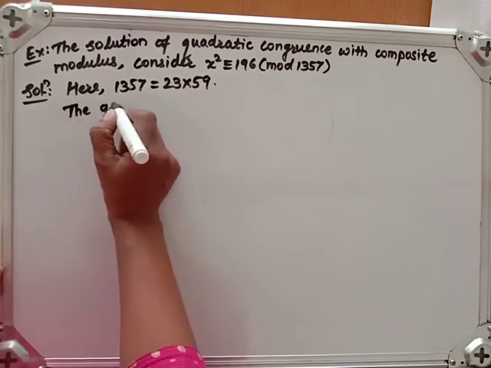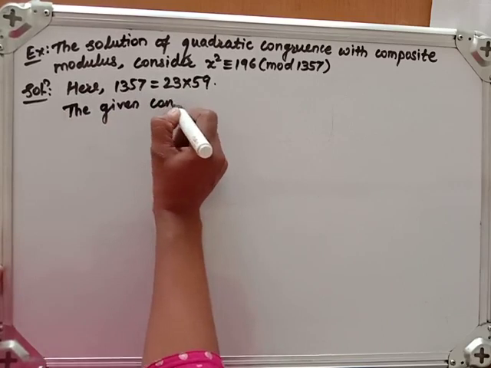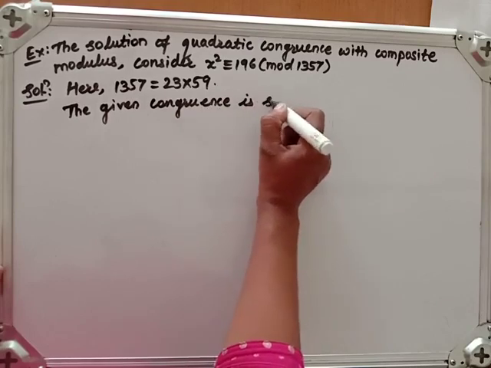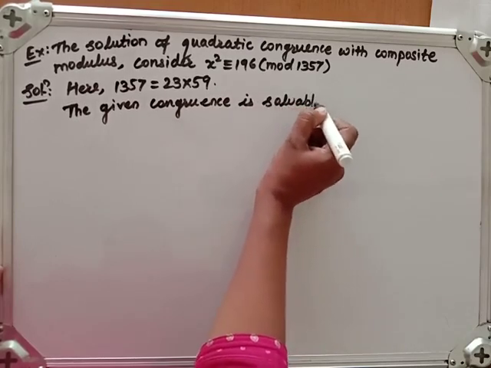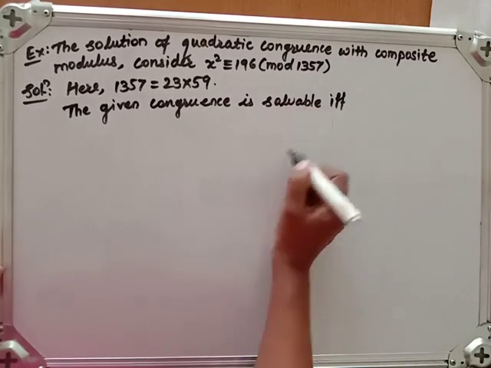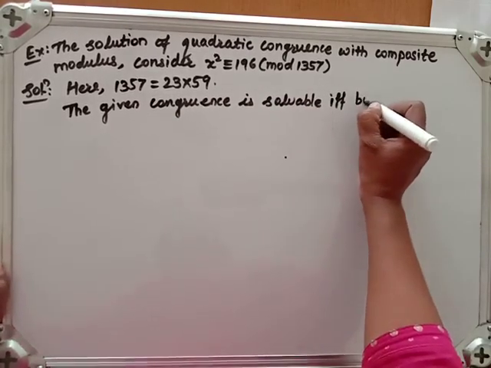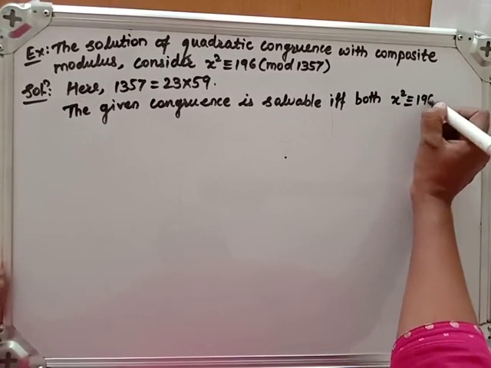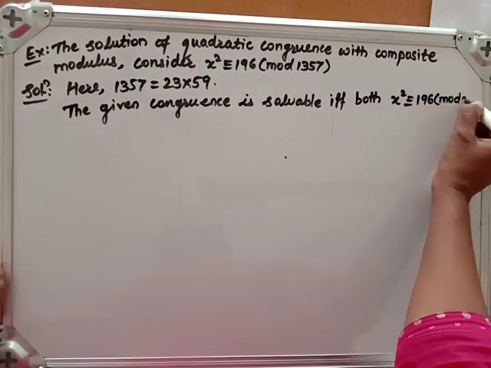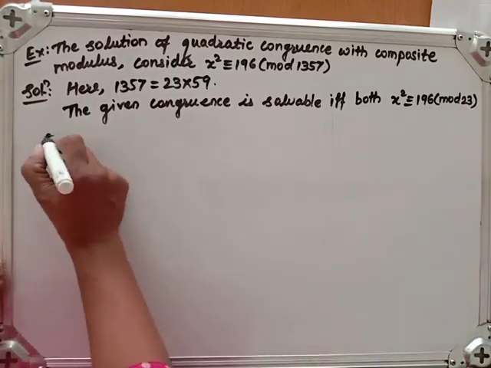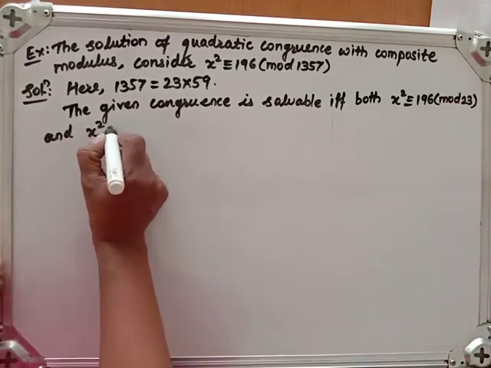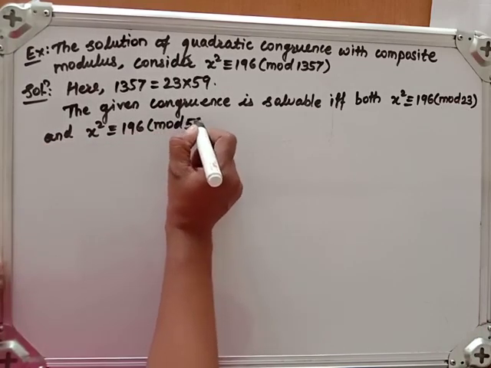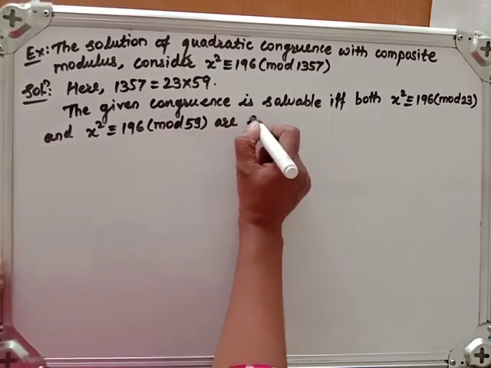The given congruence is solvable if and only if x square congruent to 196 modulo 23 and x square congruent to 196 modulo 59 are solvable.